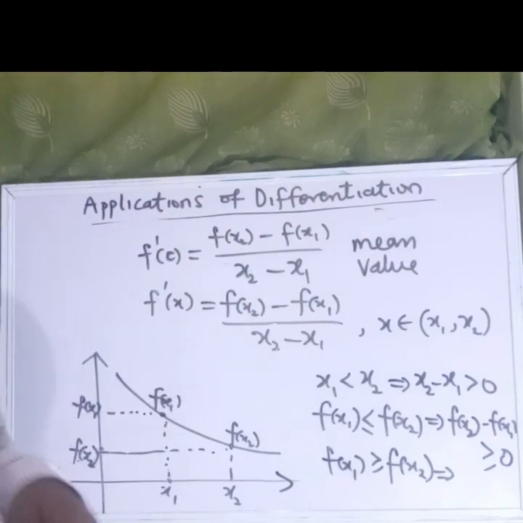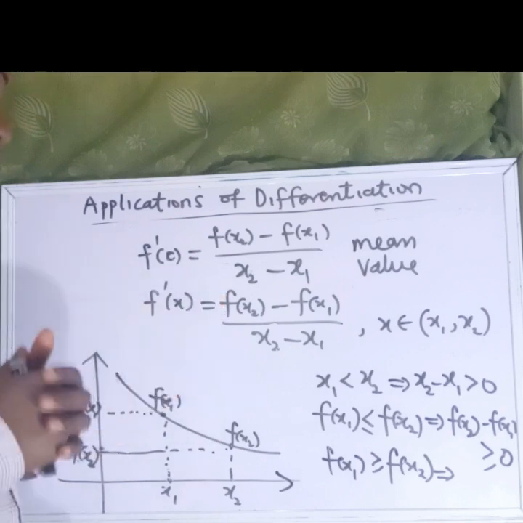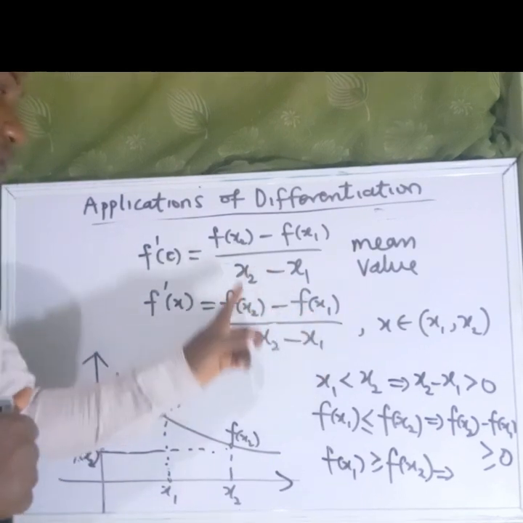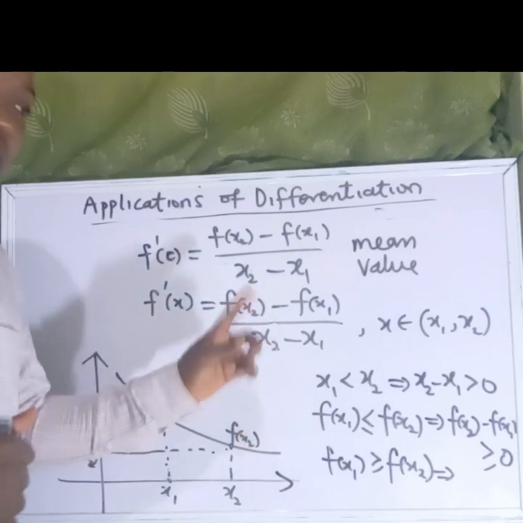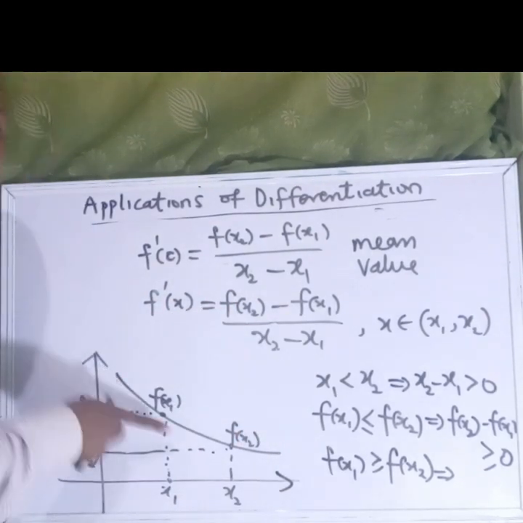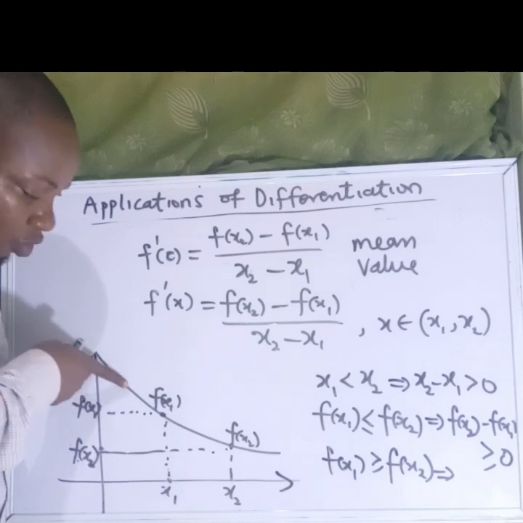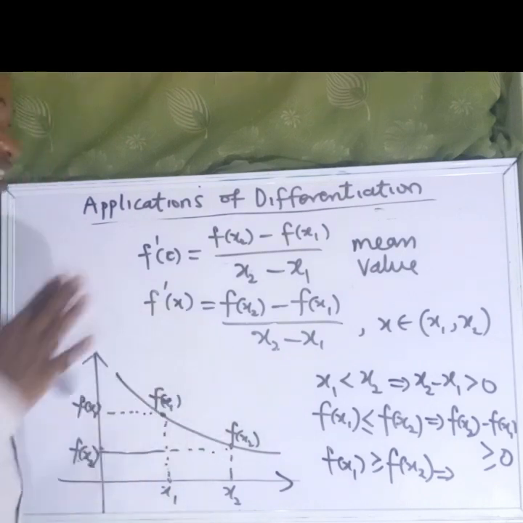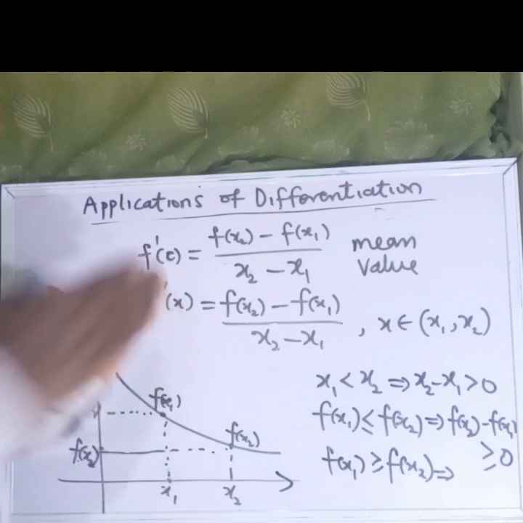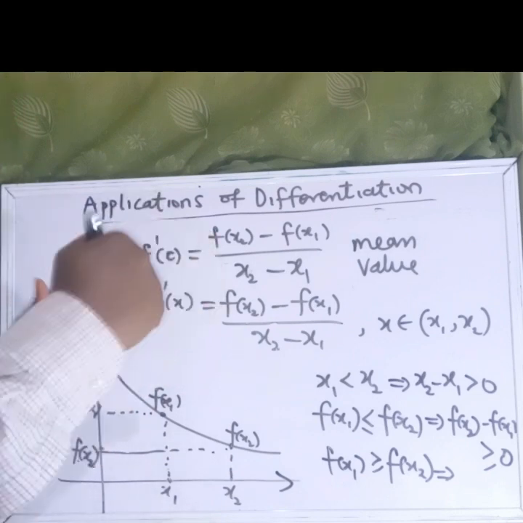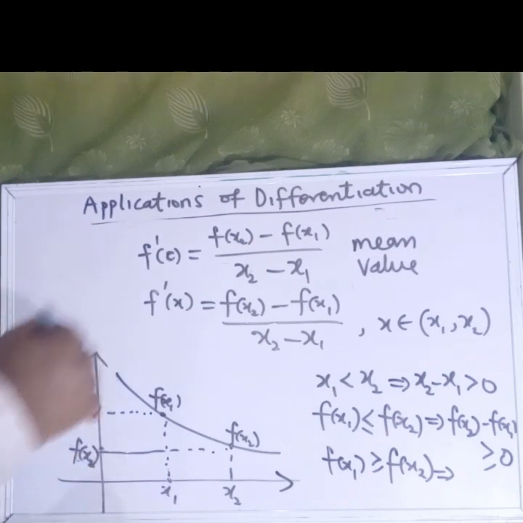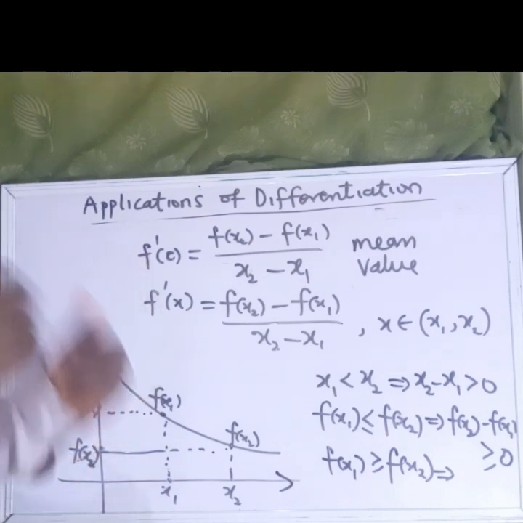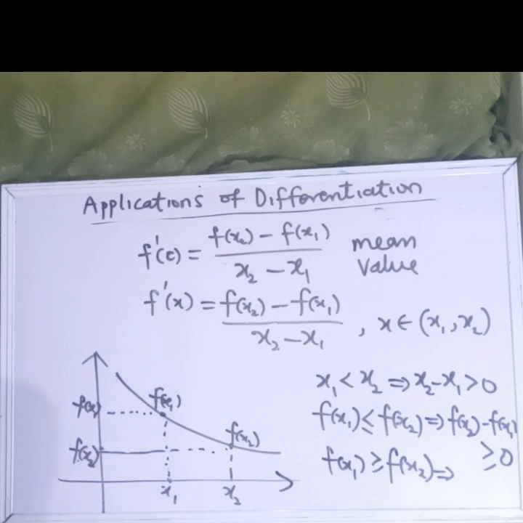And the second notion we have noted here is that if f of x1 is more than f of x2, the slope here is negative. And what it means is this behavior: the curve or the function is decreasing in this sense. So these two notions we will state as a definition, and then we'll use that concept to bring more terms into the lecture.